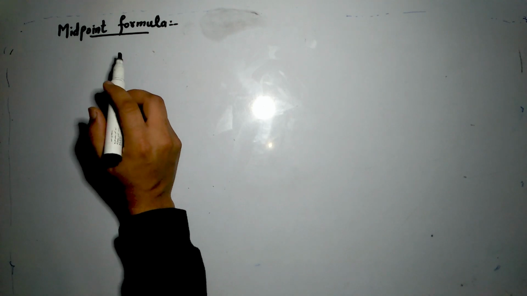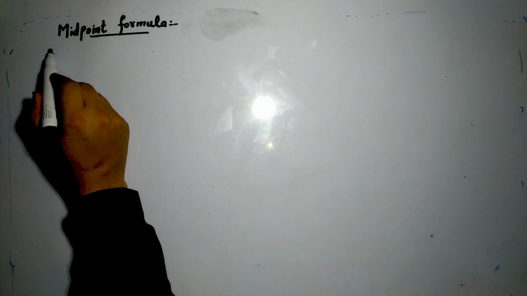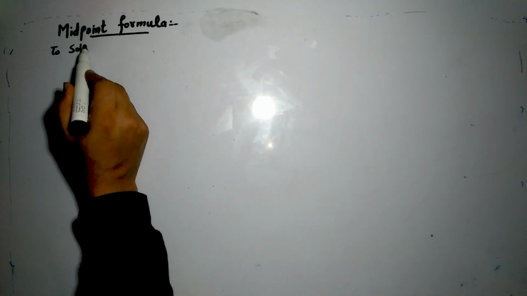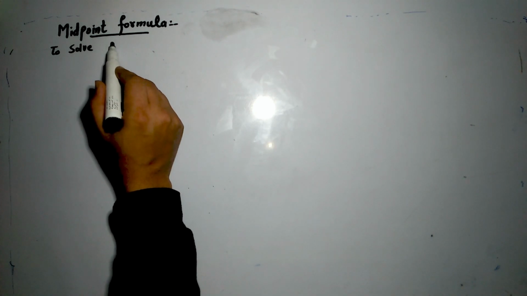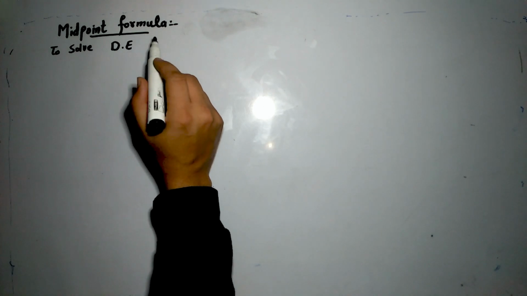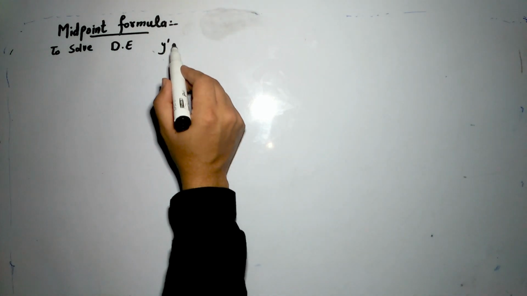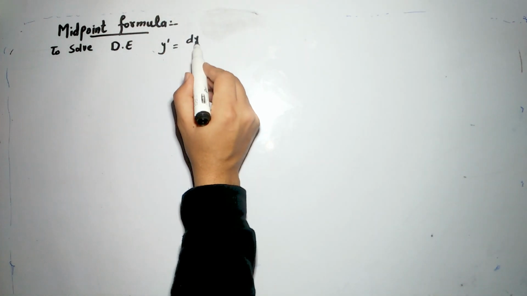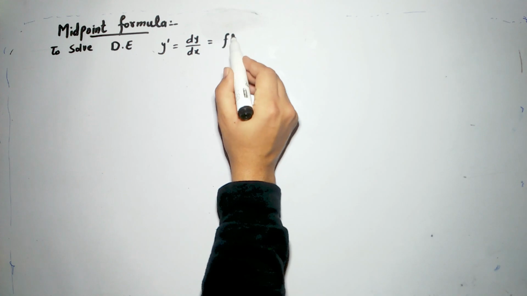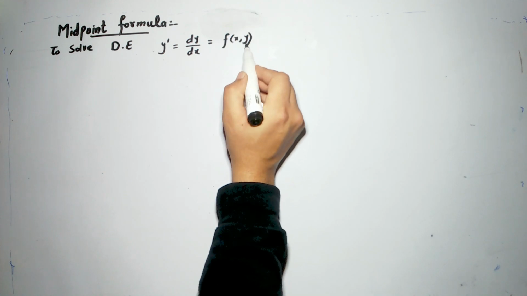If we solve the first order differential equation, y dash, or it can be written as dy over dx, is equal to f of x y.